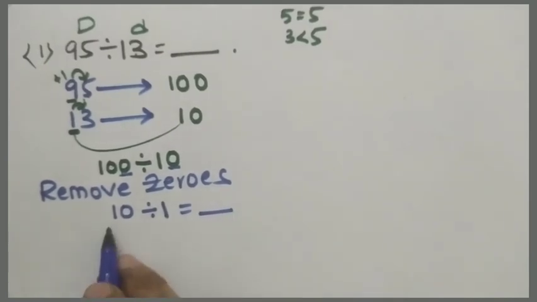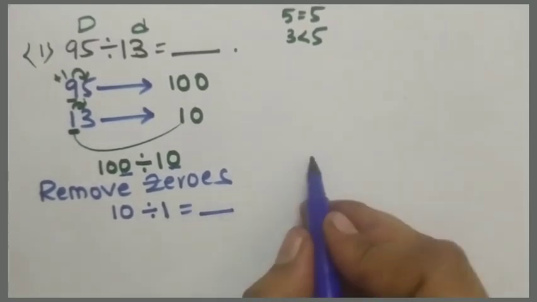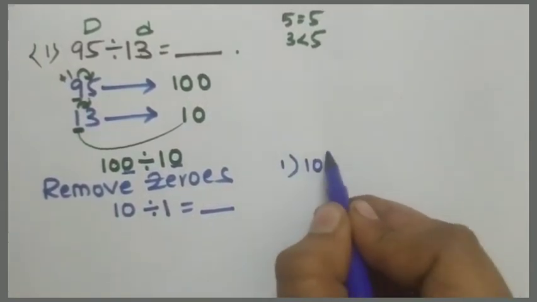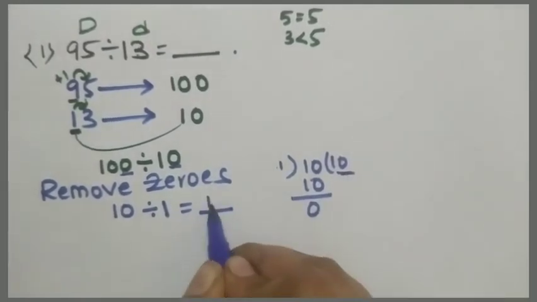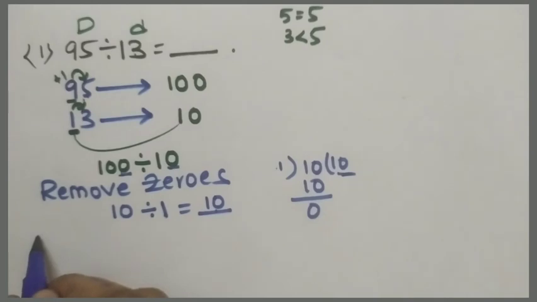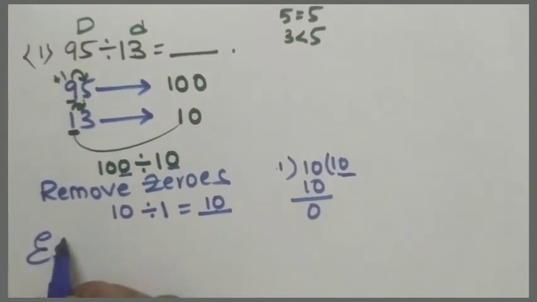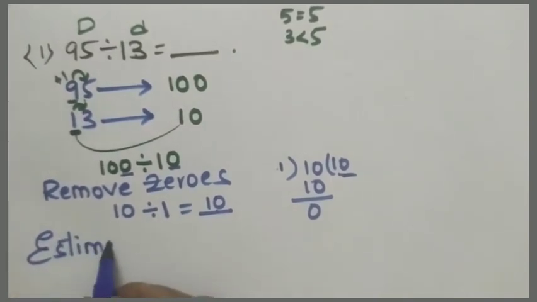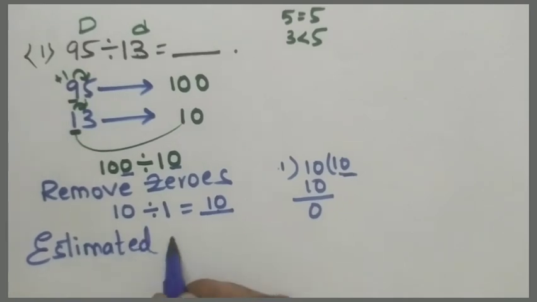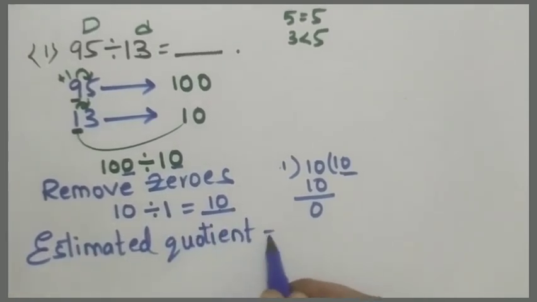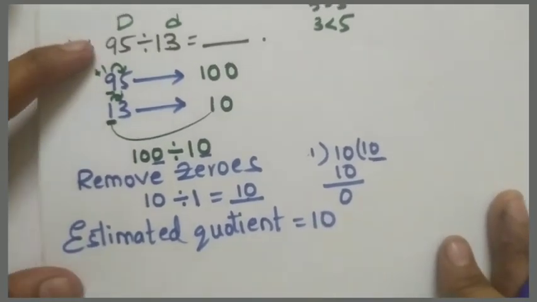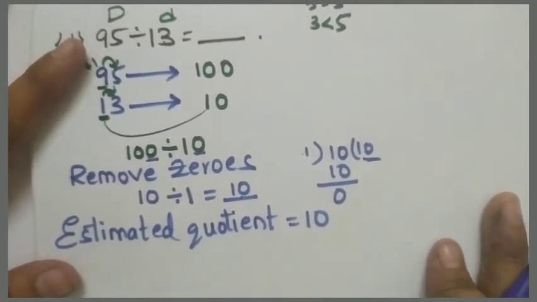As you know already, 10 divided by 1 is 1 tens are 10. So we'll get 10. This 10 is the estimated quotient. Up to here we did in last class.